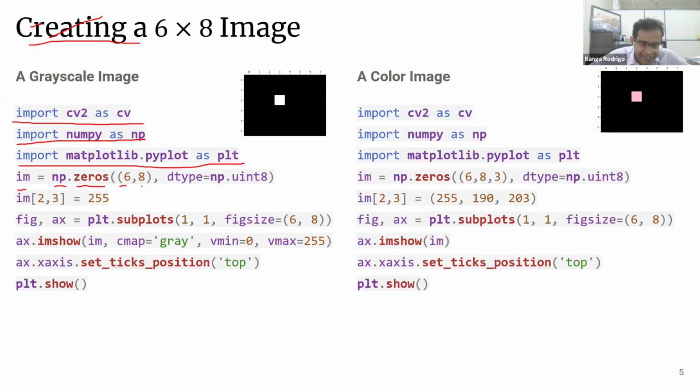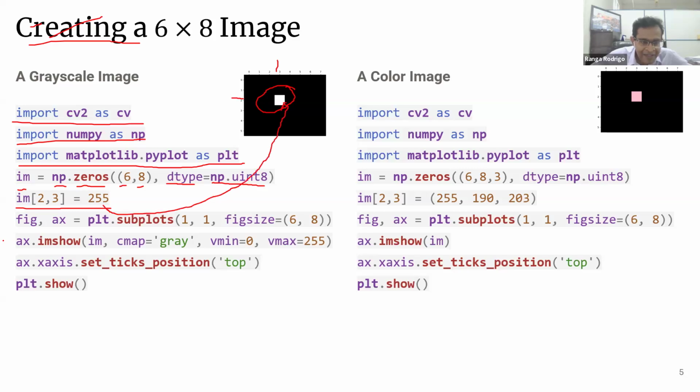Height is 6, width is 8. 6 by 8, you have to put them in parentheses. Data type, you have to say np.uint8. uint8 means unsigned integers of 8 bits. And then we take the pixel at 2, 3. This is 2 and this is 3. And set white to that. White is 255. 255 corresponds to white.